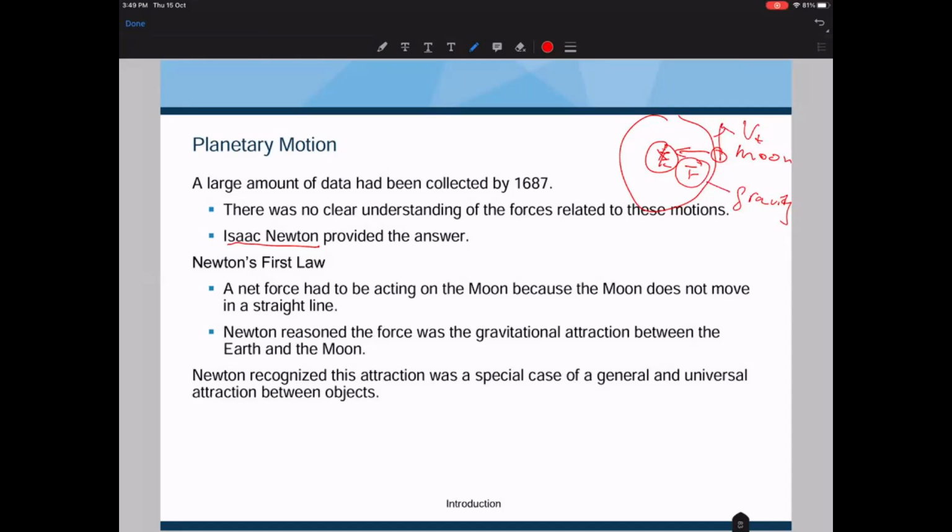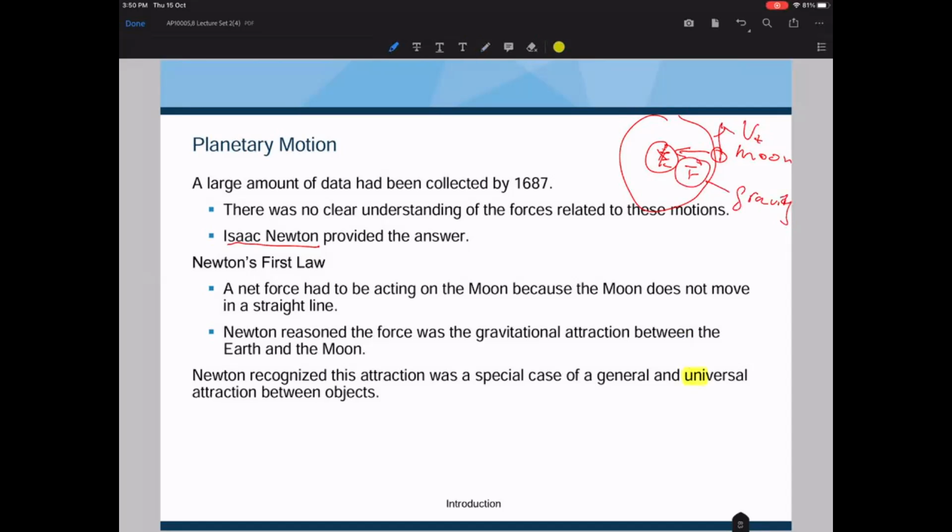So with this special case of the moon orbiting around the Earth, Newton suggests that the gravitational force does not exist just between the Earth and the moon, or just between the Earth and the apple, or anything on the surface of the Earth, but it is a universal phenomenon.